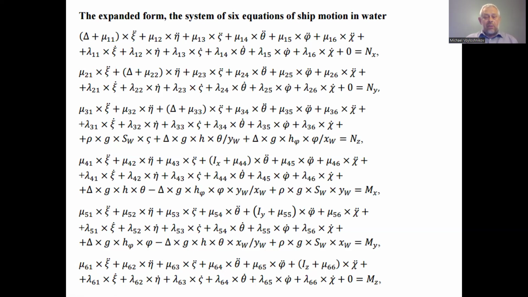After that we can do some simplifications. Please see the first equation, the equation of the ship motion along the longitudinal axis, that is, axis number 1, the abscissa axis. This is the force of inertia.